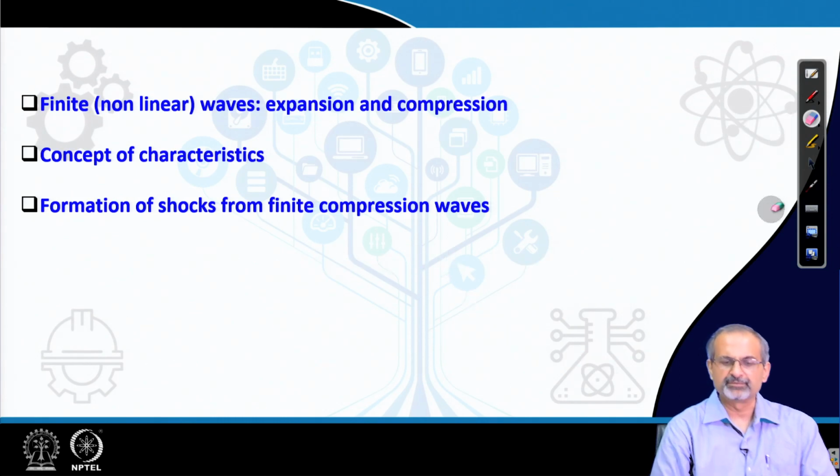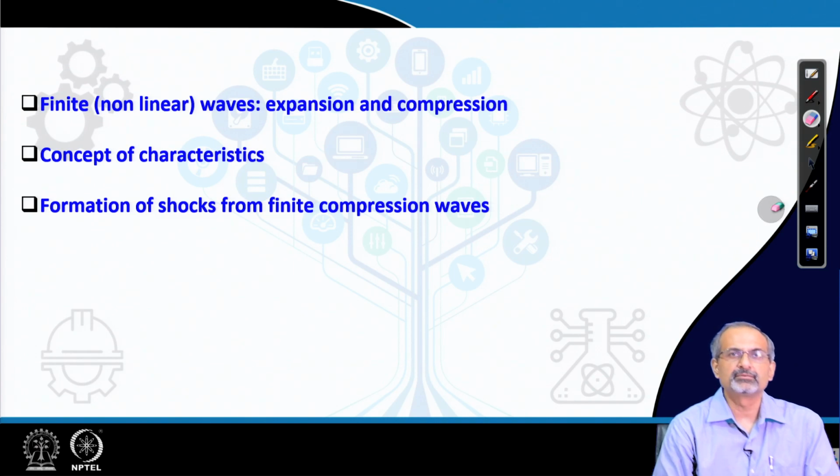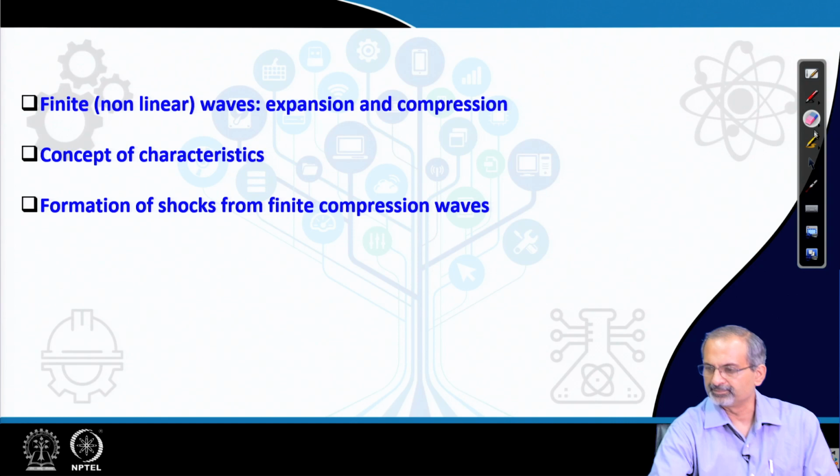So, that was a brief description of the nature of finite or nonlinear waves, which could be of the expansion or compression kind, concept of characteristics, and formation of shocks from finite compression waves.